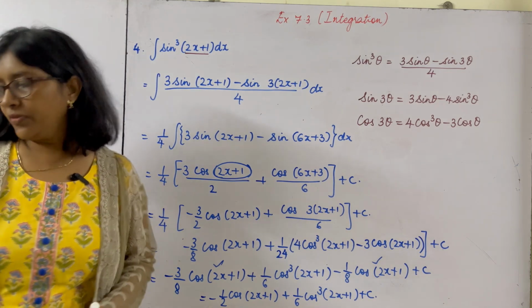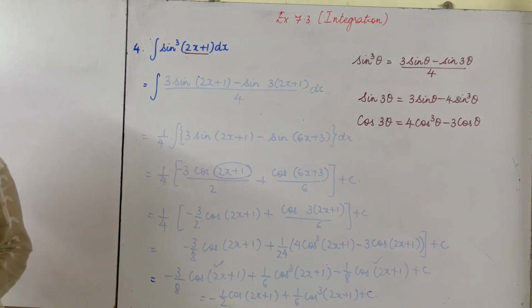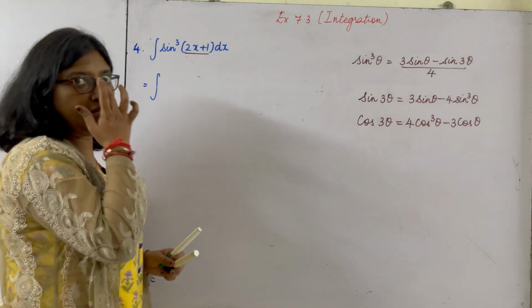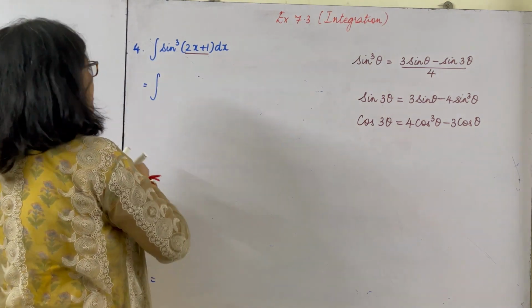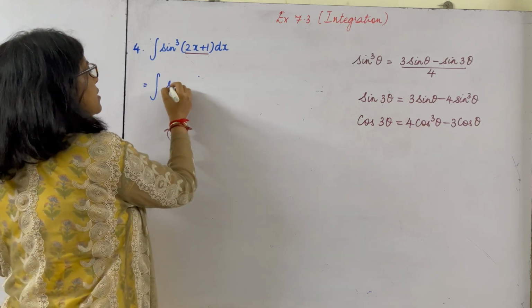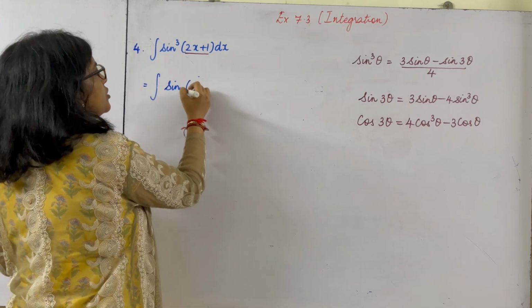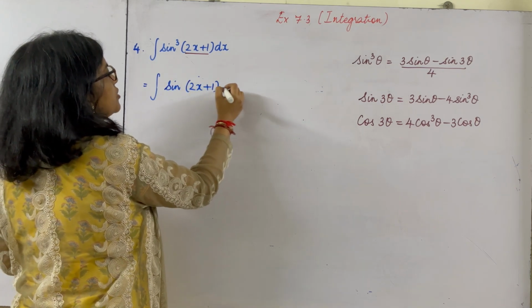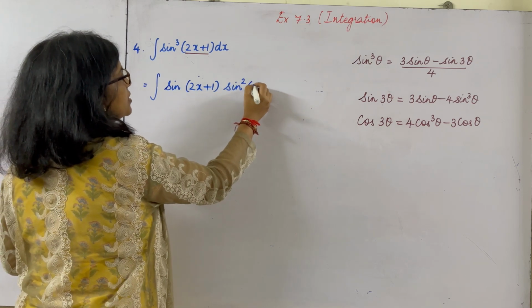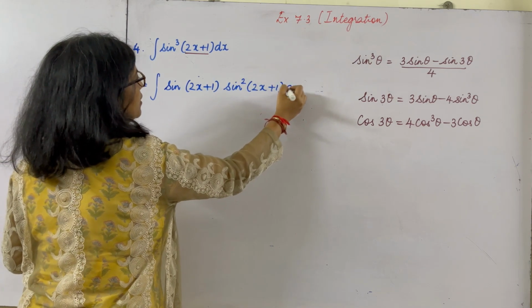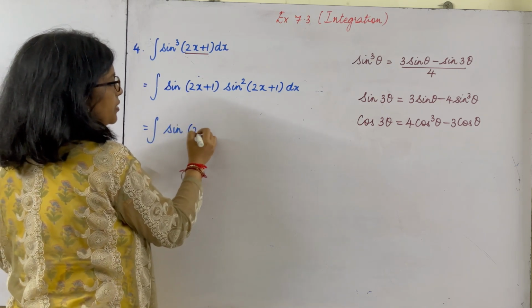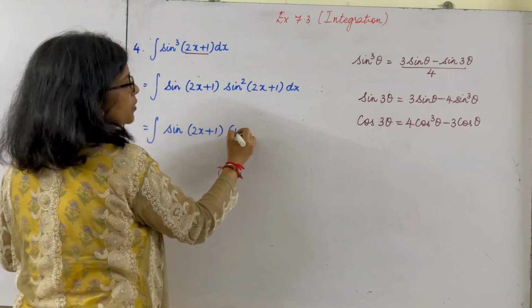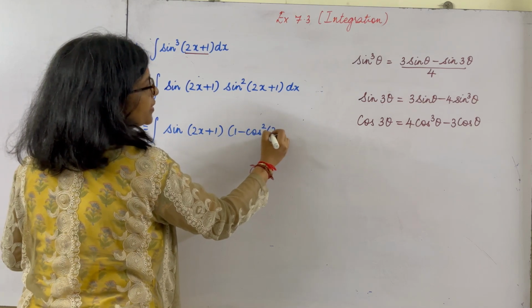Another way of solving the same question is, instead of applying the formula for sine cube theta, we can write this as sine 2x plus 1 into sine square 2x plus 1. And so, this is sine 2x plus 1, and this is 1 minus cos square 2x plus 1.